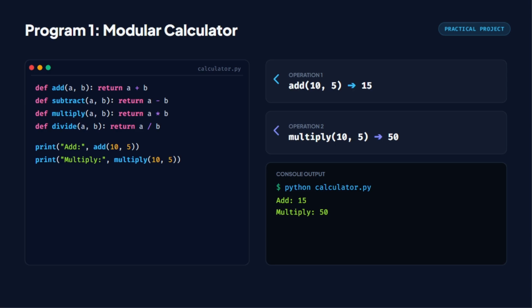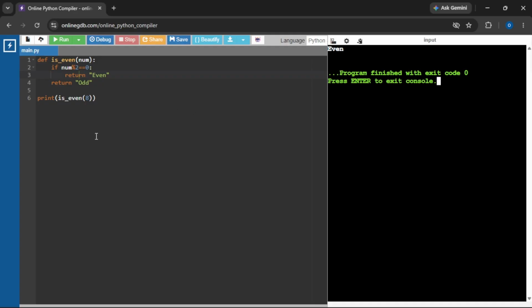Now let's build something practical, a calculator. Try this yourself. Let me explain what the code should be. You need to create 4 functions, one for addition, subtraction, multiplication and division, and whenever we need one, we will call it.